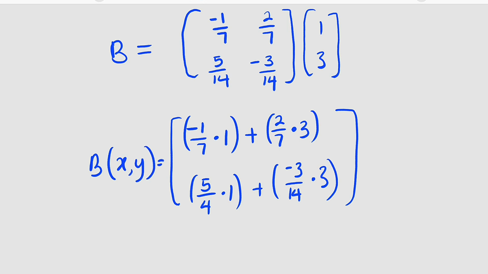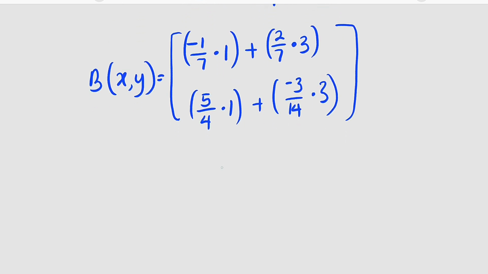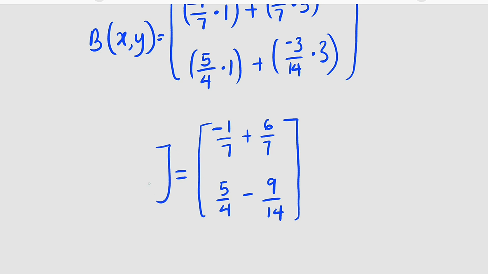So now let us simplify. At the top, we have negative 1 divided by 7 times 1, which is still negative 1 divided by 7. We add 2 multiplied by 3 divided by 7, which is 6 divided by 7. At the bottom, we have 5 divided by 14, then we add negative 9 divided by 14. These are our x and y values.